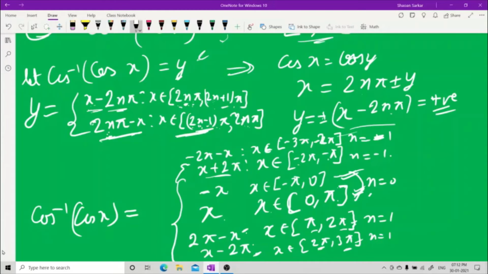Now put n equal to minus 1 in this line, so minus 2 minus 1, that's minus 3 and minus 2, so minus 3 pi to minus 2 pi you will get minus 2 pi minus x. So this is the way you have got it.